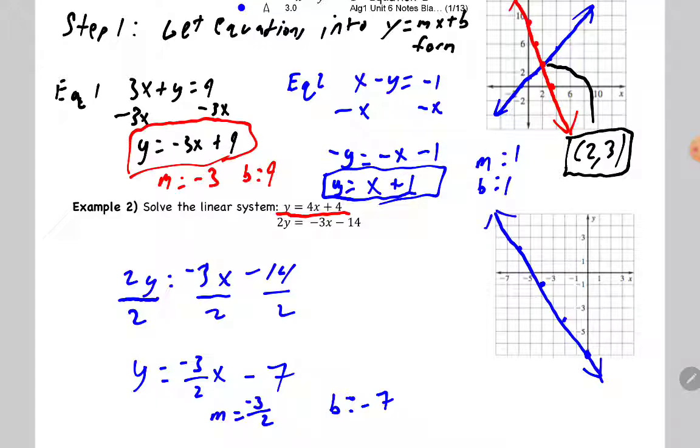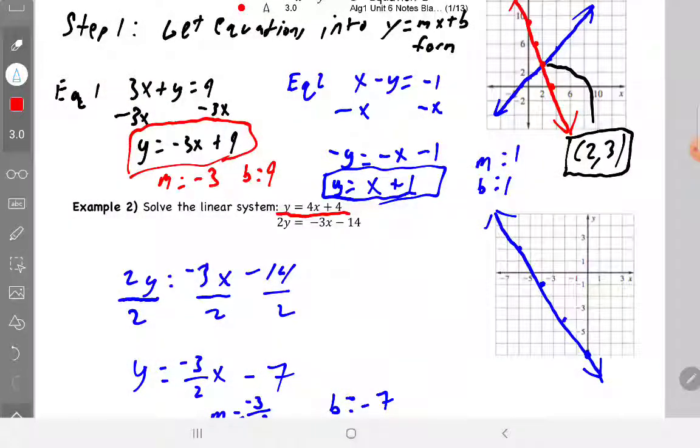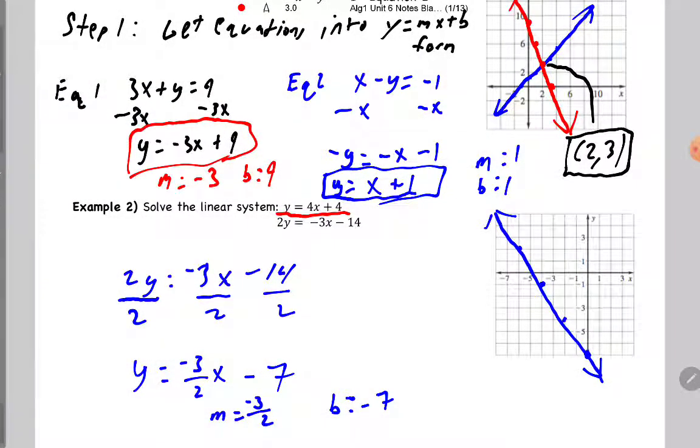Okay, let's draw in my red one. My slope is 4, and my y-intercept is 4. So I'm going to go up 4, make a dot. This would usually tell me up 4 over 1, but I can also go backwards: down 4, left 1, down 4, left 1.